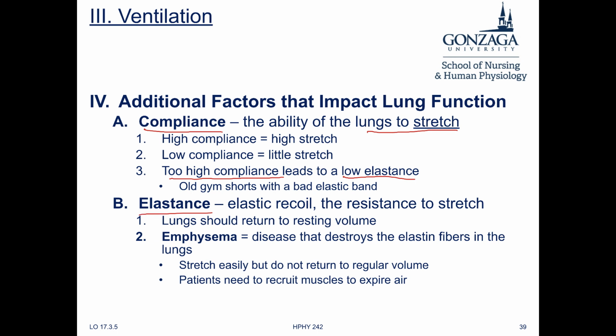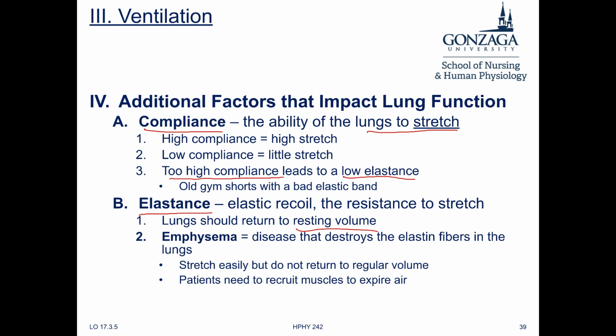This is the recoil, the ability of the lungs to actually return to their, I'd say, resting state, or the resting volume. An example of this is emphysema, a disease where lung elastance is compromised. In individuals who have emphysema, this disease destroys the elastin fibers.